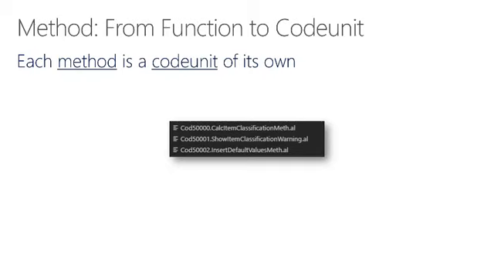We have a calculate item classification method code unit, and an insert default values method code unit, and those are single objects that contain a single method. So we don't have a management code unit that includes methods for a dozen different things. No, each method has its own code unit.